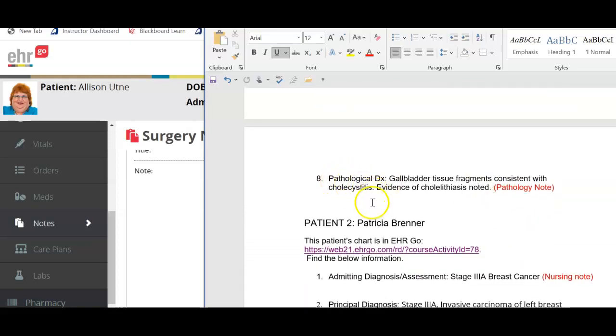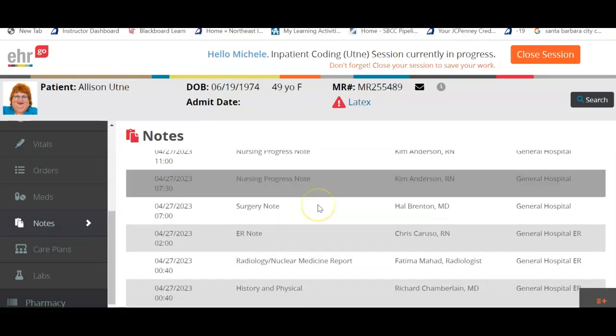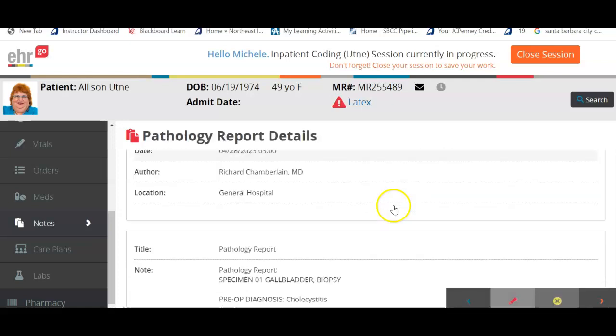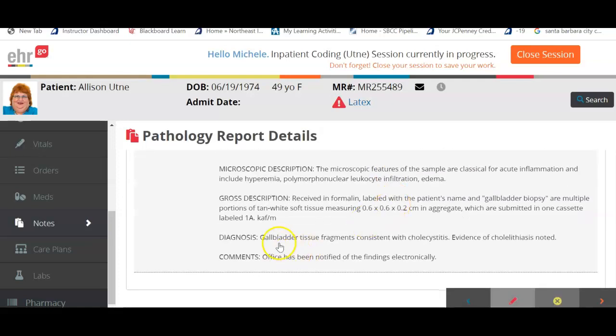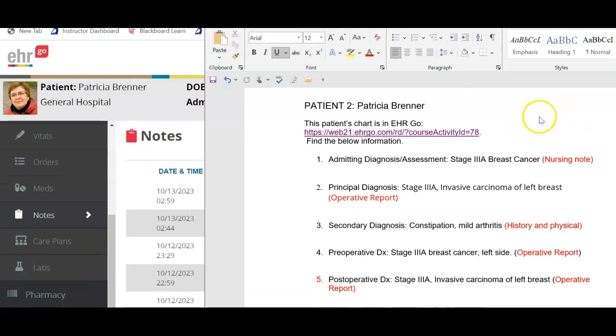Then your pathological diagnosis for the last one here: gallbladder tissue fragments consistent with cholecystitis, evidence of cholelithiasis noted. Go right to the pathology report in our notes again, and right there's our pathological diagnosis.